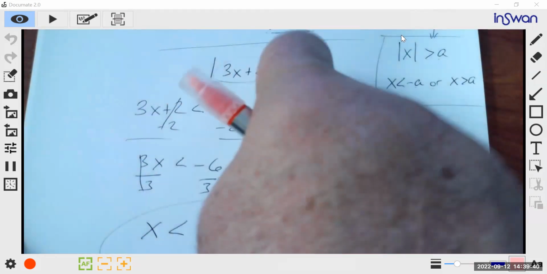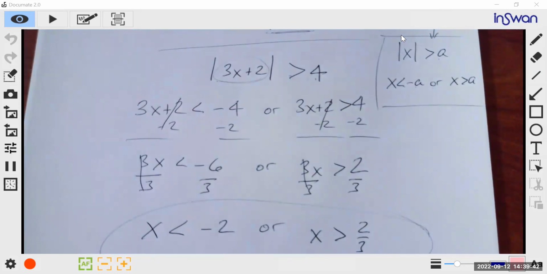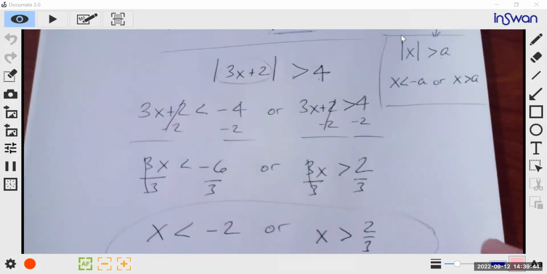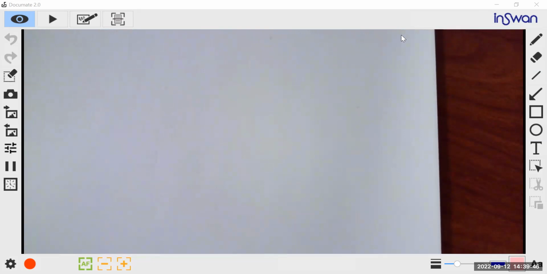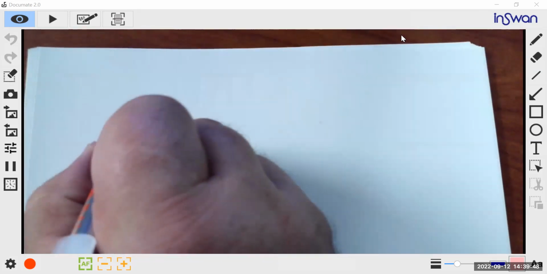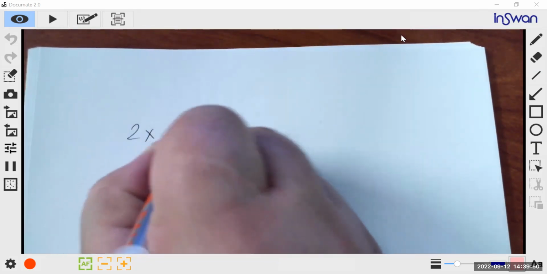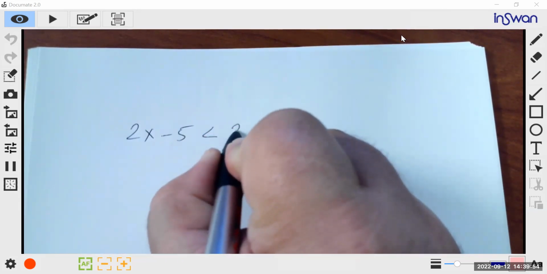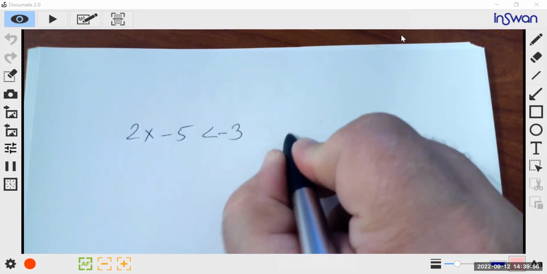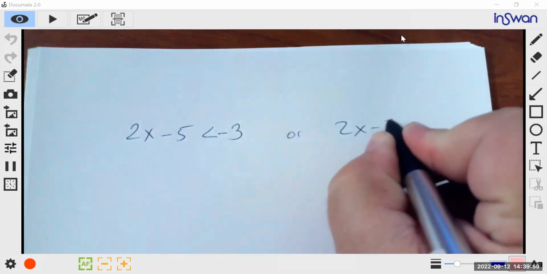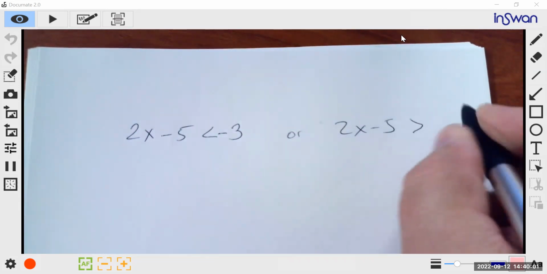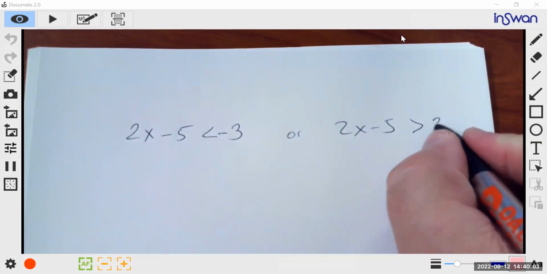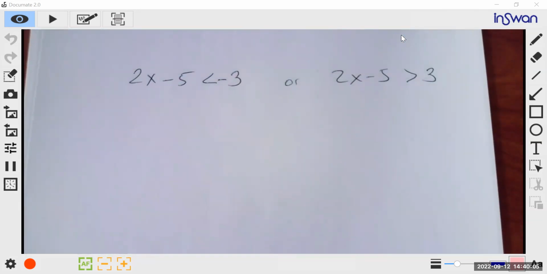It's just getting from there to there. Once we get there, it's a piece of cake. Okay, solve those.